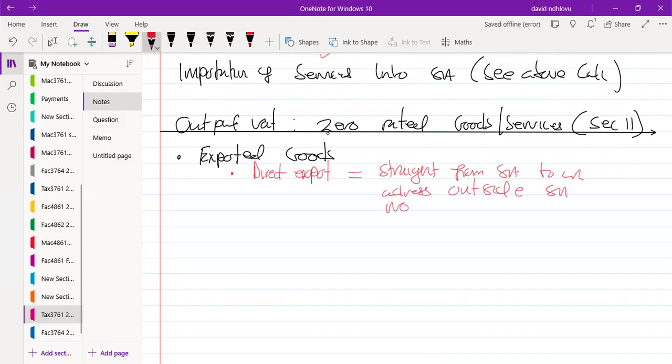No VAT, VAT will be zero rated on the original invoice.